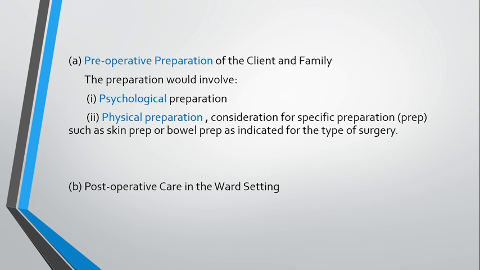So post-operatively, care is provided in 2 settings. One is immediate care, that is after the surgery. For the immediate period following the surgery, you have to closely monitor the patient for any immediate effects. And once the patient becomes stable, the care provided to the patient is called subsequent care.